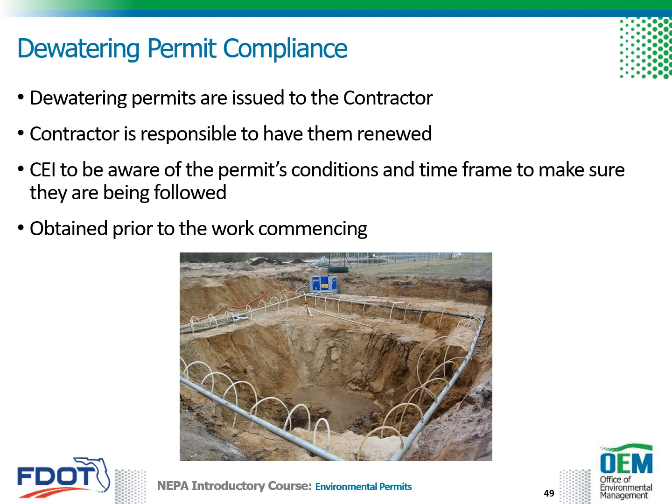Generally, dewatering permits are issued to the contractor, who is then responsible to have them renewed if the operation goes beyond the allocated time period. However, the CEI should be aware of the permit's conditions and timeframe to make sure they are being followed. Dewatering permits are usually obtained just prior to work commencing.